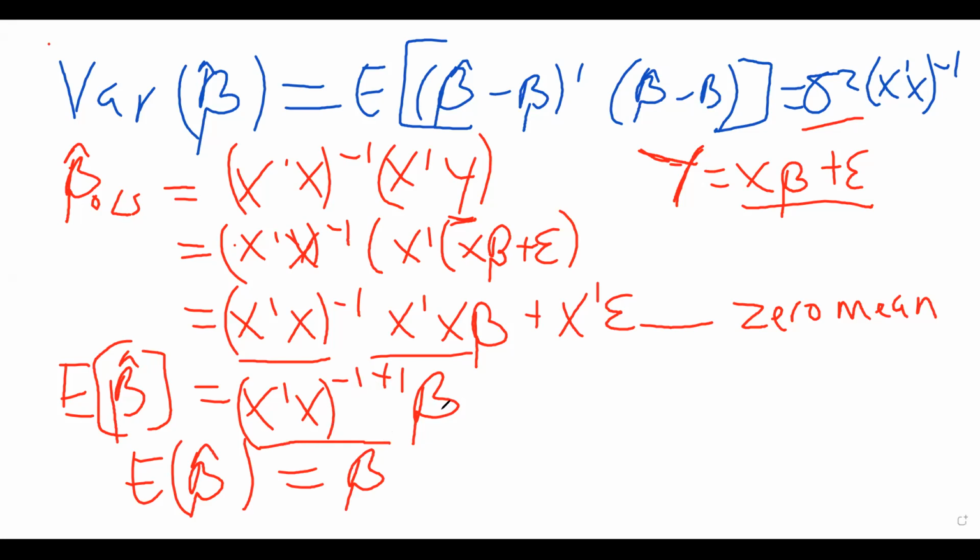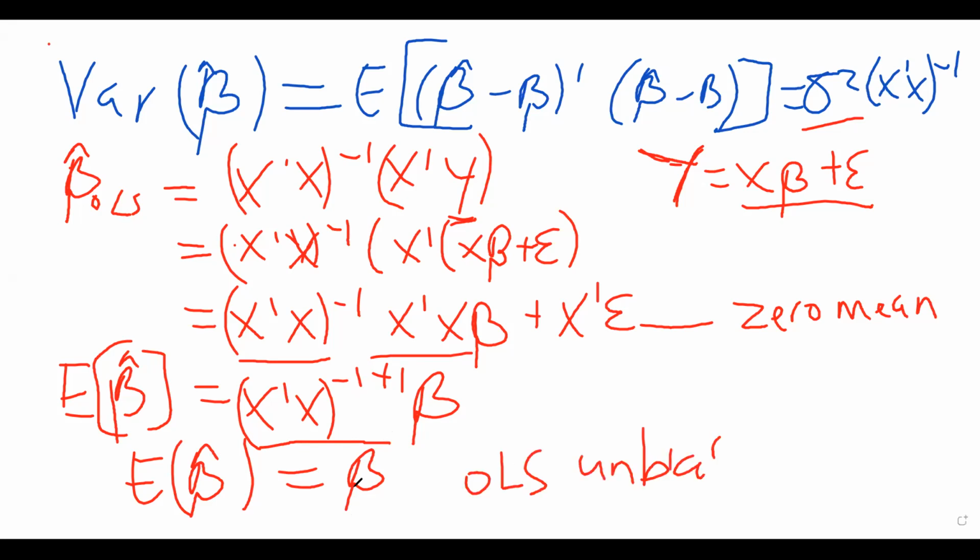So you get 1 times beta, which is beta. Now, ladies and gentlemen, this is what is known as unbiased. The expected value of beta cap is equal to the true beta. So this is why we say that the OLS regression parameters or estimates are unbiased.